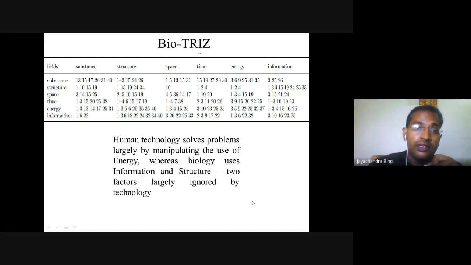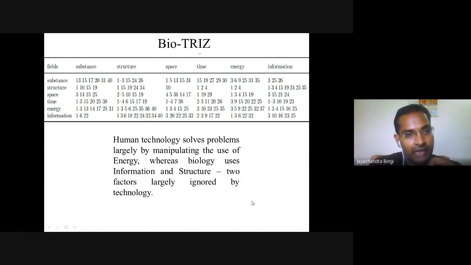Substance is nothing but whatever you can touch, you can feel, or which has mass and occupies space. When that substance is there with mass and occupancy of space, you need to consider its structure also.